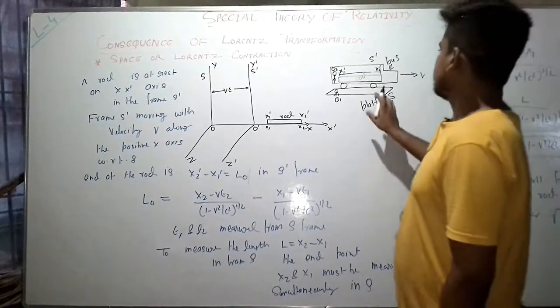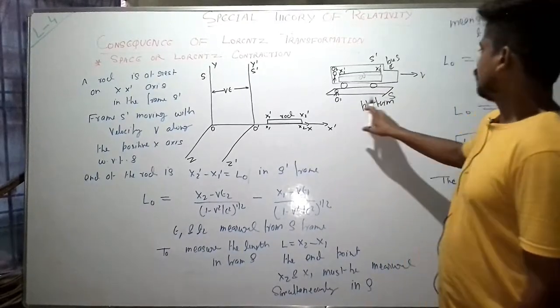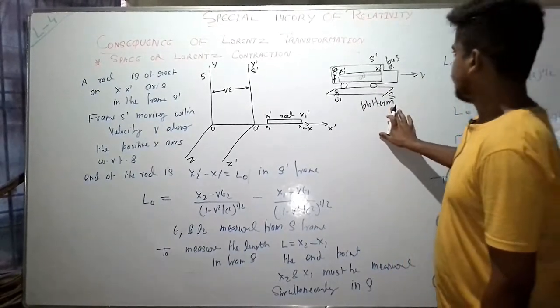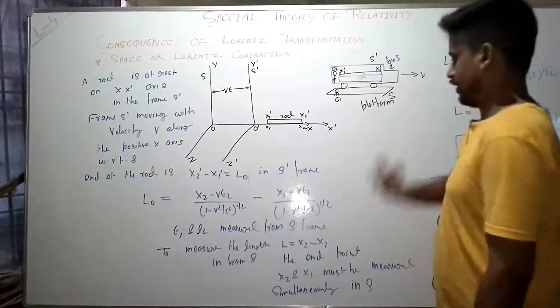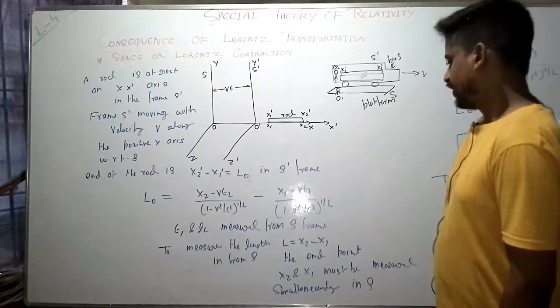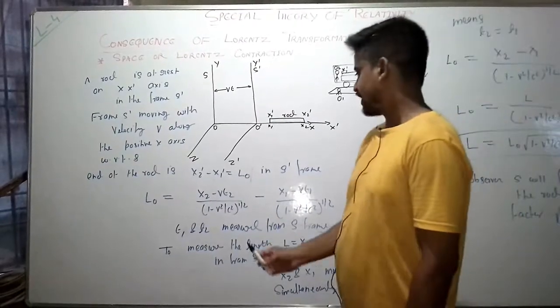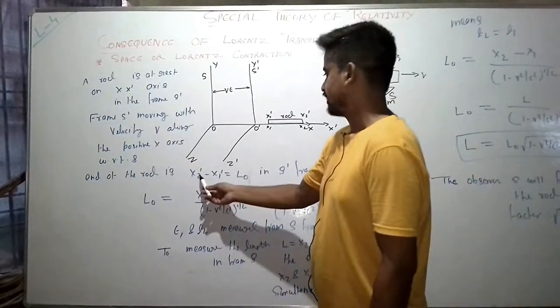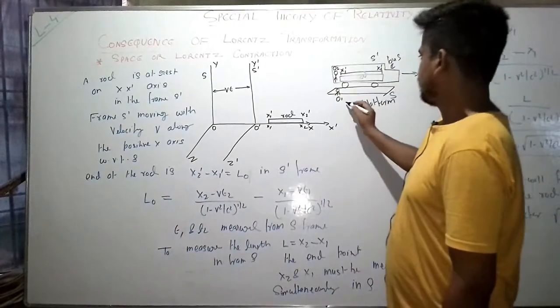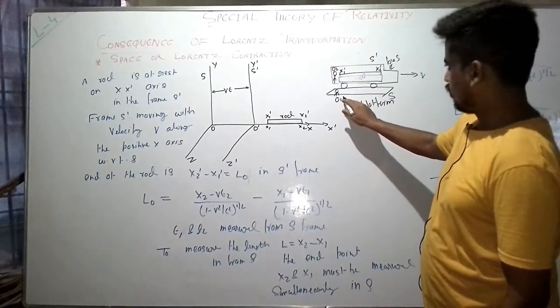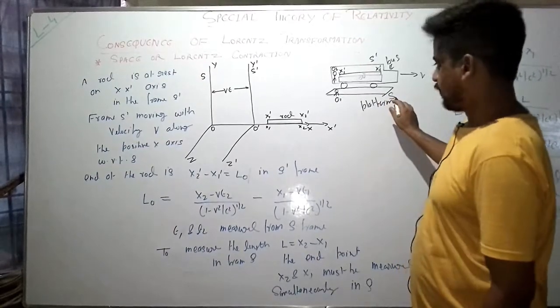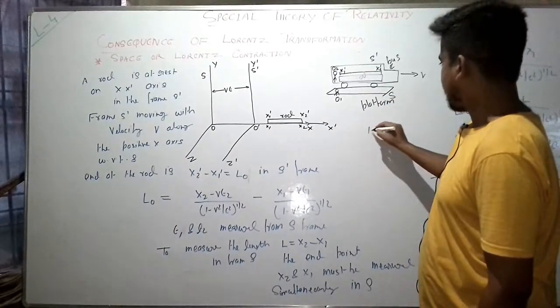Now observer O1, which is on the platform, also measures the length of this moving rod. So according to the Lorentz transformation, x2 dash will be seen by the observer O1 on the platform S as x2.